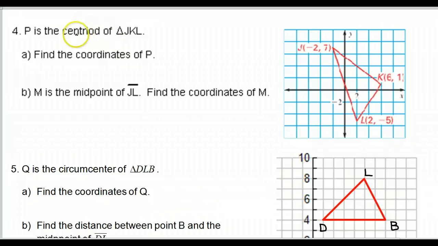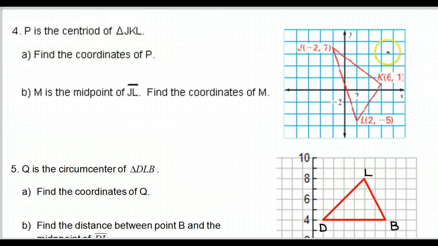Centroid. When we have coordinates and we're trying to find the centroid, is this the one where we need to make all the perpendicular bisectors, or is this the one where I do the average of the x's and the average of the y's? Well, I hope you know that this is the one where I do the average of the x's and the average of the y's.